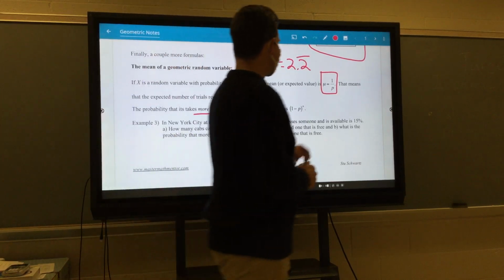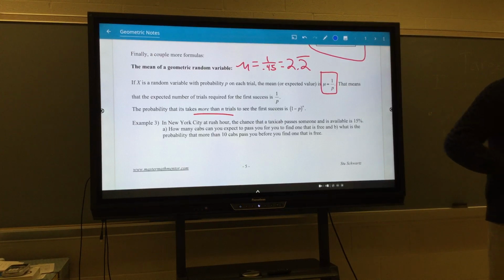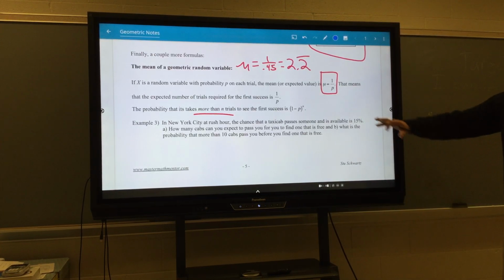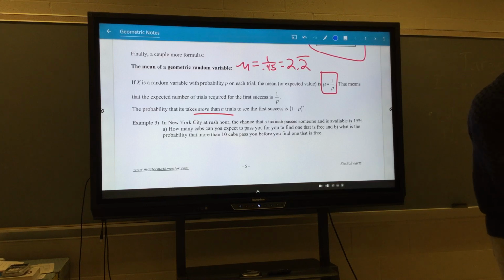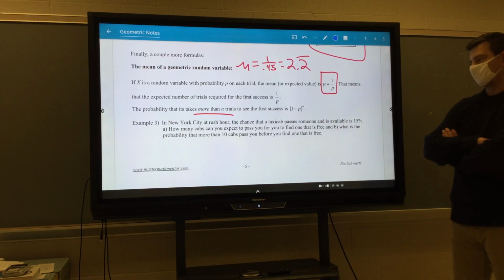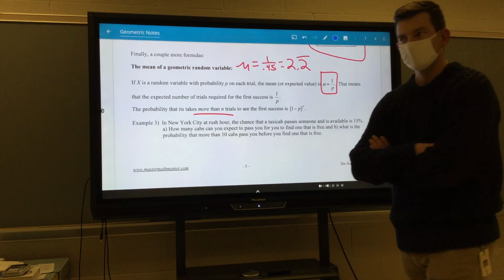I think this example down here will help illustrate that. Written before the days of ride-sharing companies, this one says, in New York City at rush hour, the chance that a taxi cab passes someone and is available is 15%. How many cabs can you expect to pass you for you to find that one is free?